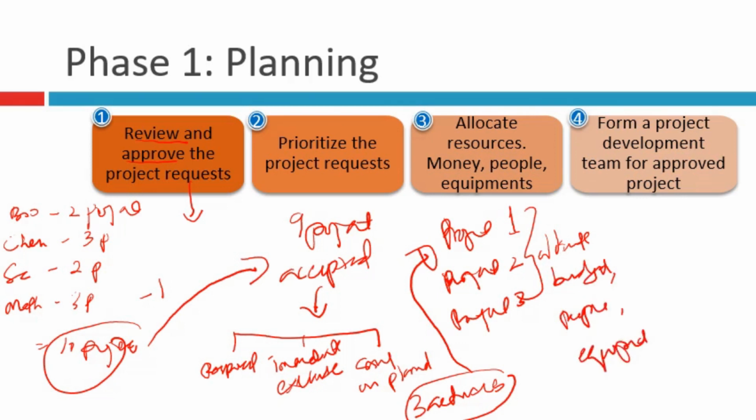So, dalam hal ini, every project itu akan diberi detail, akan go through every cost, akan go through every person, who is the AJK involved, and then what is the hardware or software or support that is needed to complete the project. Okay, then the last activity of course is to form a project development team.